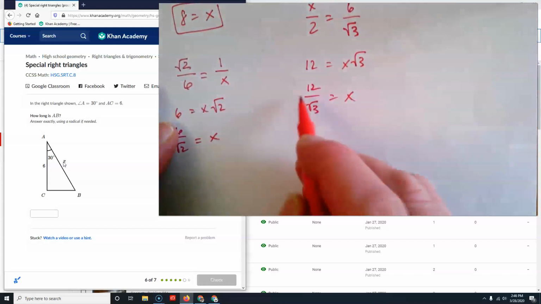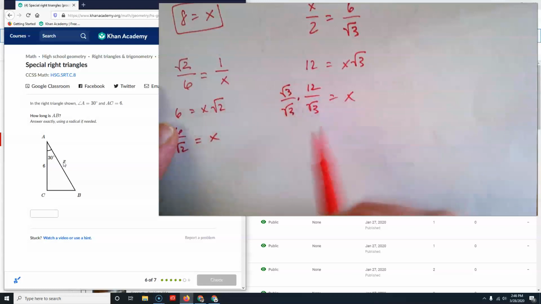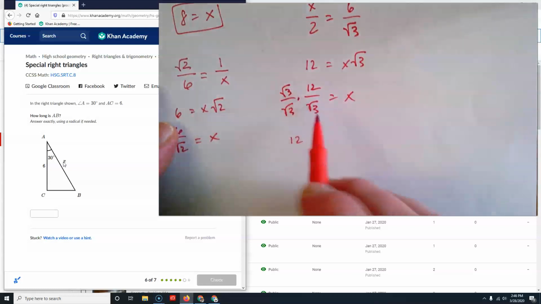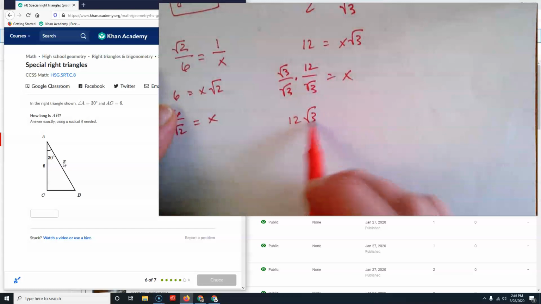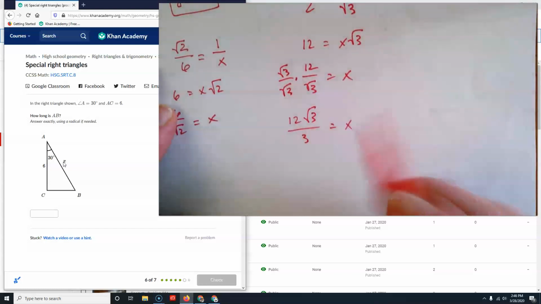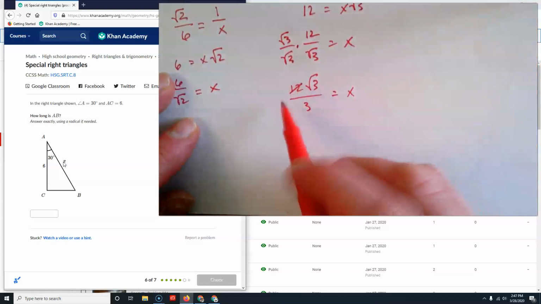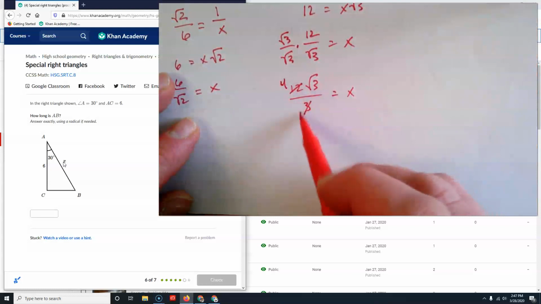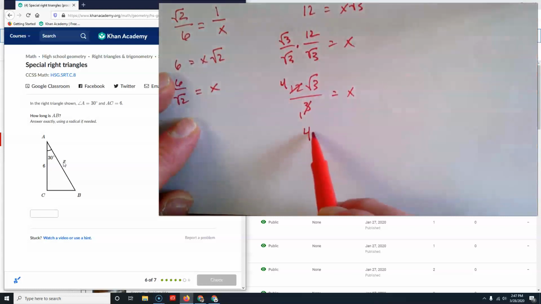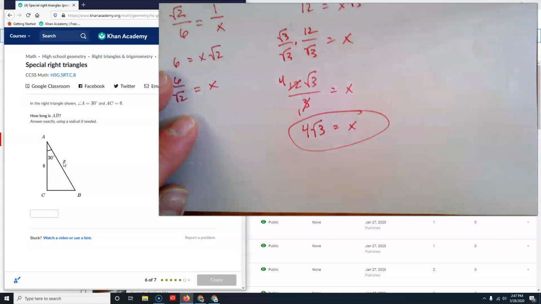Now I'm going to go ahead and rationalize this one. All right? So I get 12 square root of 3, and square root of 3 times square root of 3 is just 3 equals x. And then actually, I could divide top and bottom by 3, and I would get 4 and 1. So 4 square root of 3 equals x.